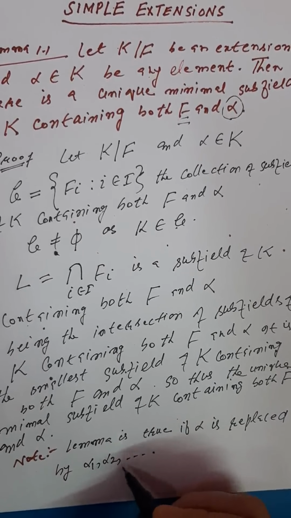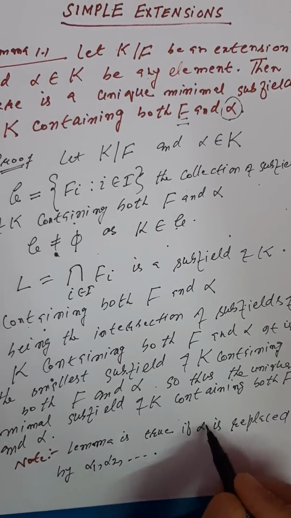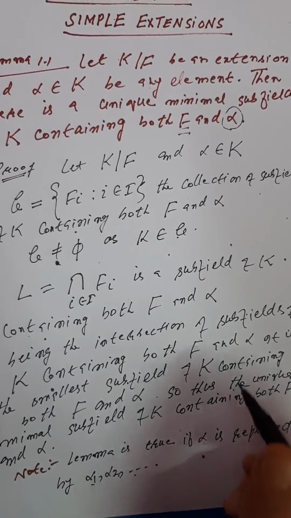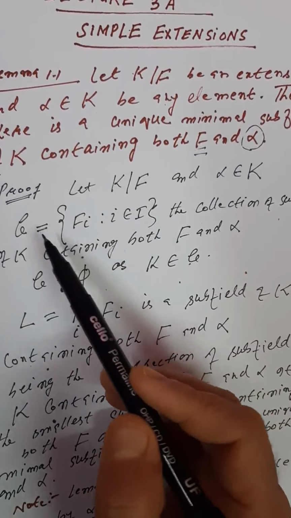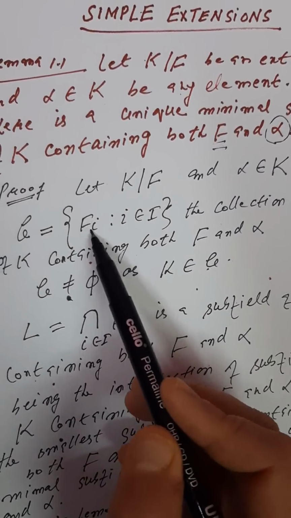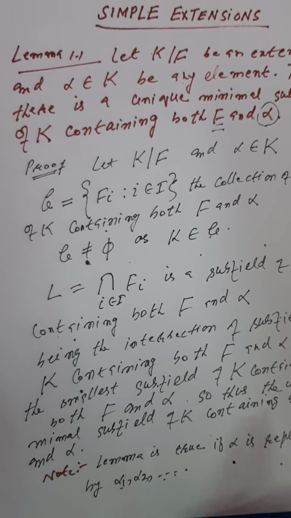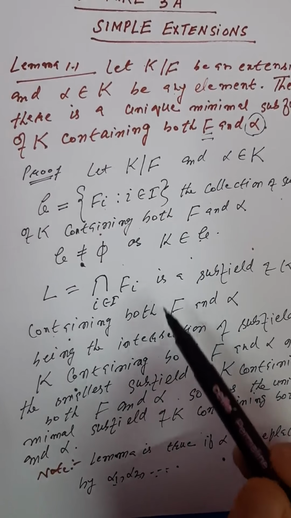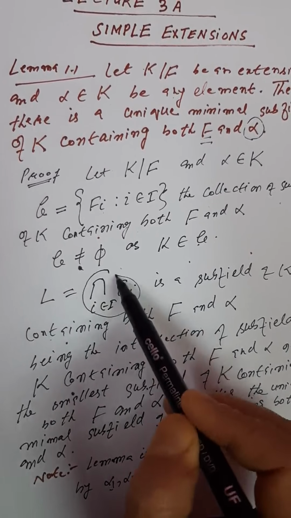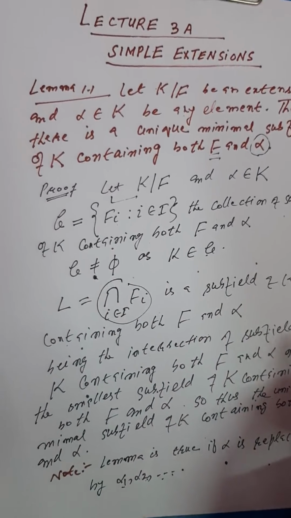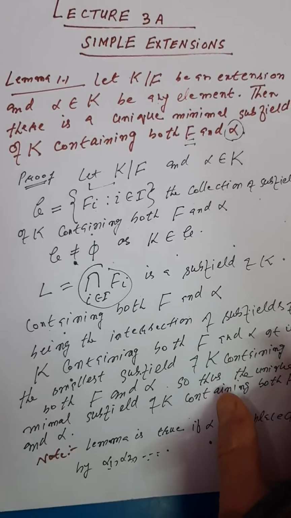So if I want to prove the lemma for many elements alpha 1, alpha 2, and so on, then just simply you take the collection of subfields of K containing alpha 1, alpha 2, and so on, and by similar argument you take the intersection of this collection and you would get the required field.